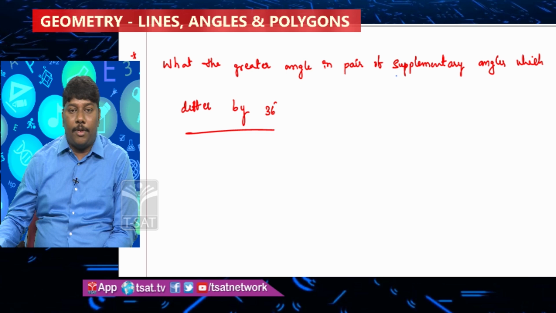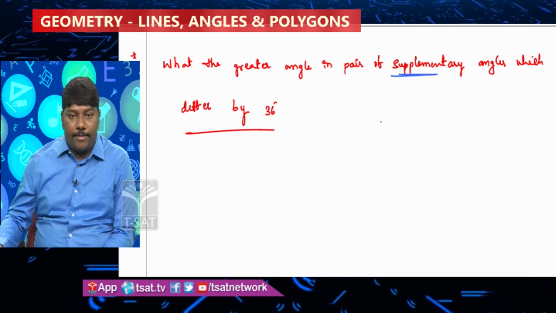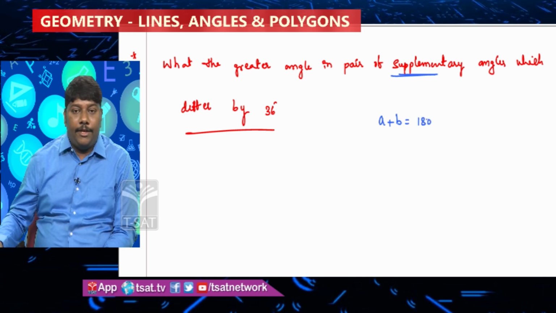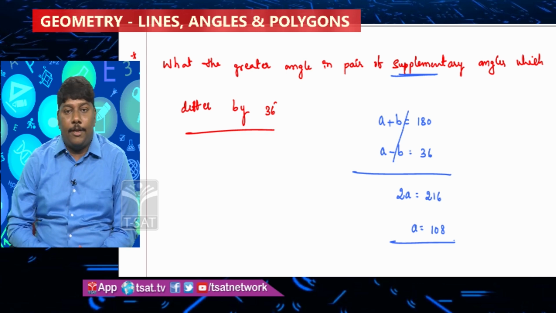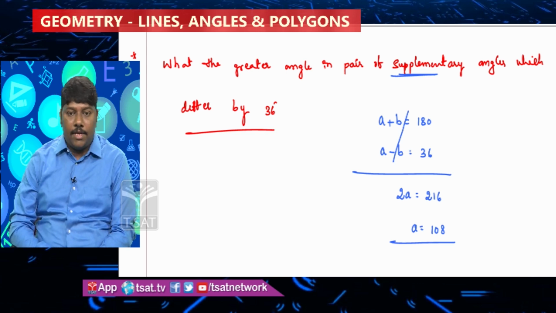First of all, you should know what supplementary angles are. The moment I say supplementary angles, their sum is equal to 180. And I am also saying they differ, which means the difference between these angles is 36. Since I am asking you the greater angle, A is greater, B is lesser, because A minus B is equal to 36. Adding, 2A is equal to 216. The greater angle is 108. If I ask you what is the least angle in a pair of supplementary angles which differ by 36, angle A is the greater angle which is 108 and angle B is the smaller angle which is 72.